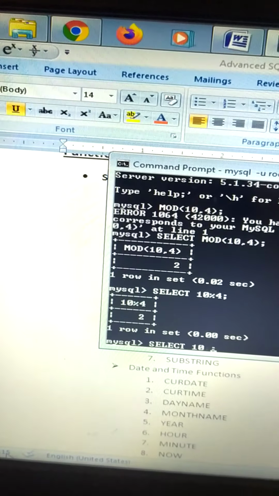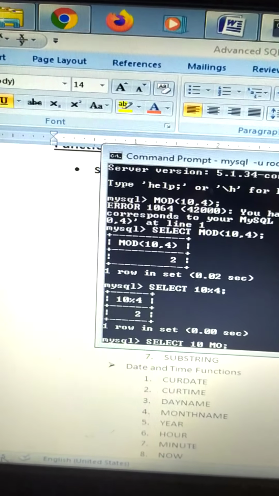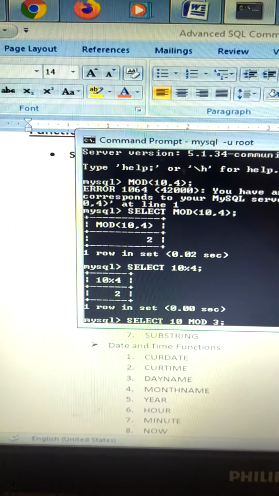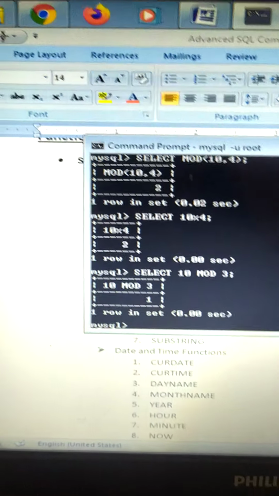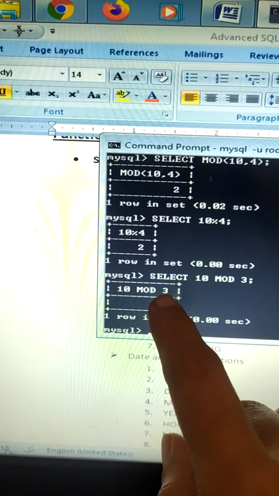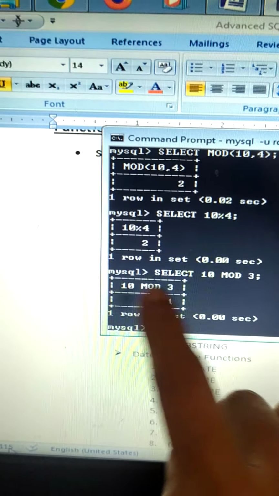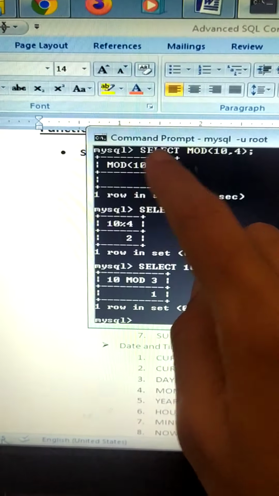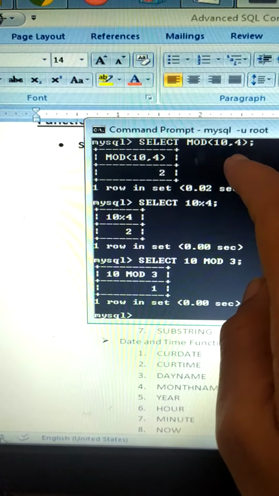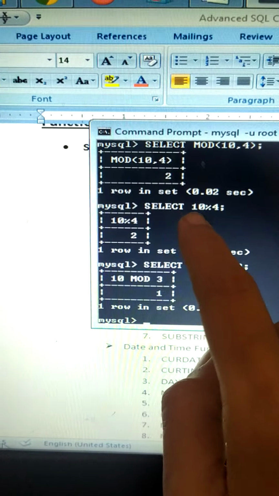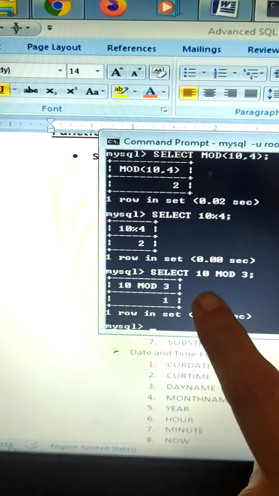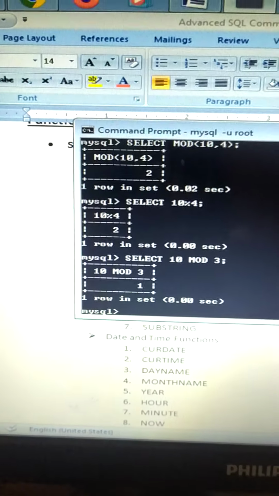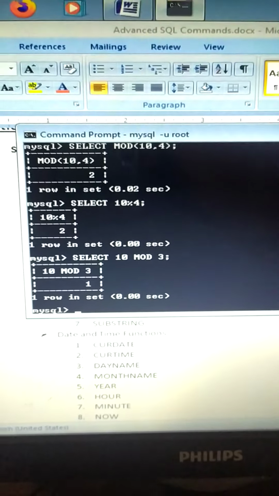It could also be written as 10 mod 3. The answer is 1, since 3 times 3 is 9 and the remainder is 1. So this mod can be written in three ways: select mod(10, 4), or select 10 % 4, or select 10 mod 3. These are the three ways to use the mod.